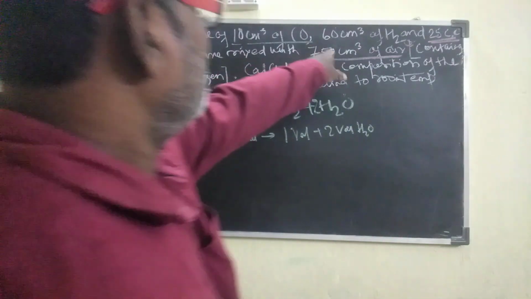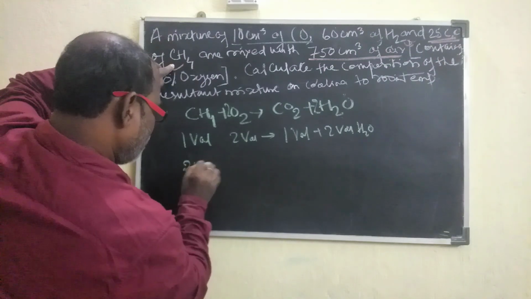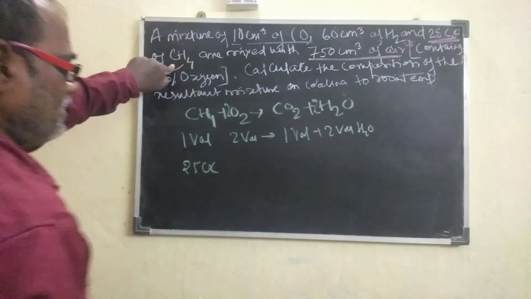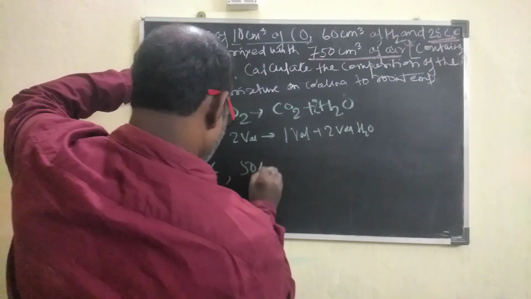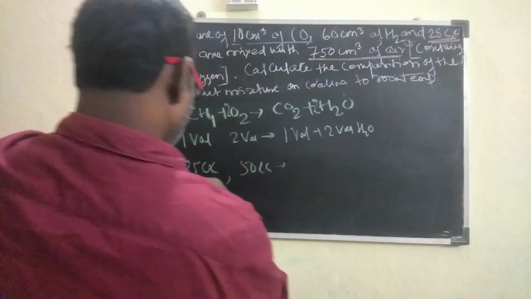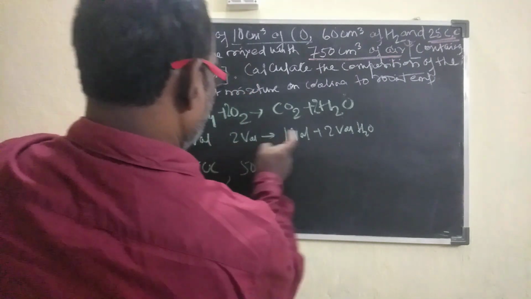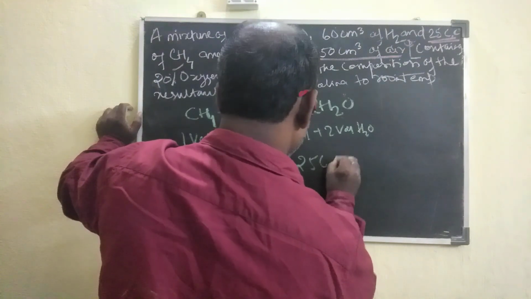That means here 25 centimeter cube of methane has been used. So 25 cc of methane requires 50 cc of oxygen to produce 25 cc of carbon dioxide.